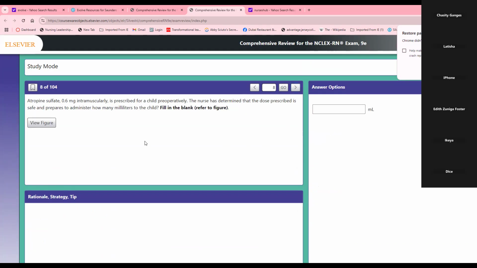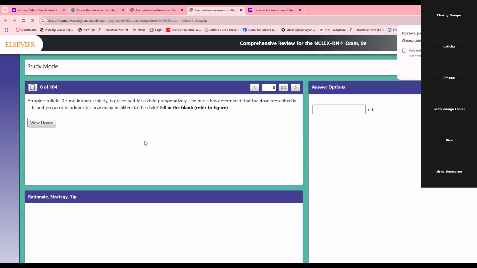Okay, let's look at this one. This one says the nurse has determined that the dose prescribed is safe and prepares to administer how many mLs to the child. Now here, we're going to use the figure, but if we're administering mLs, what are we giving? A dose.